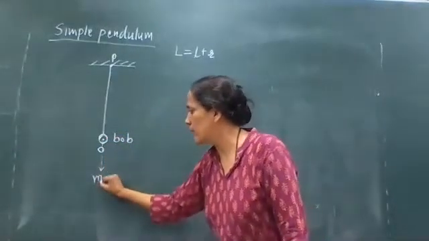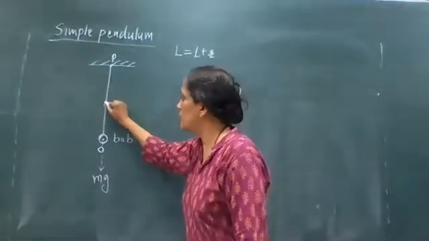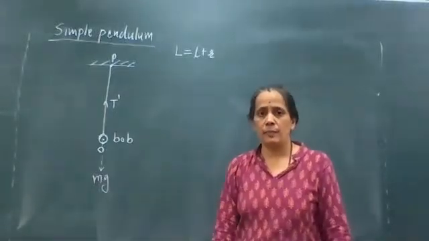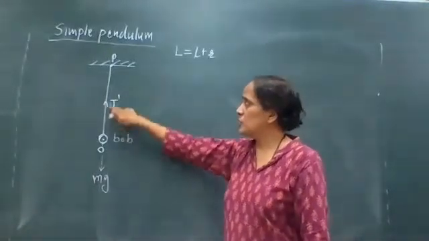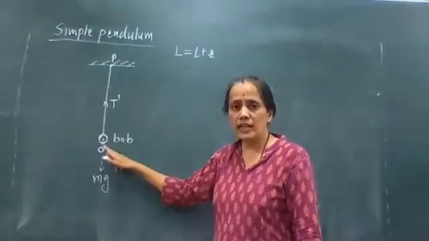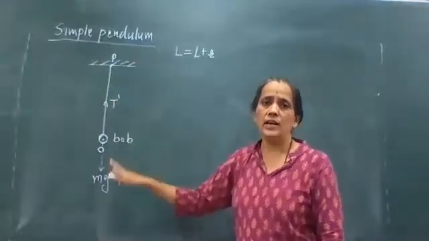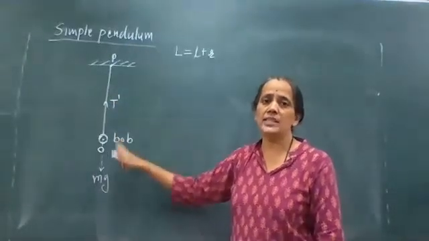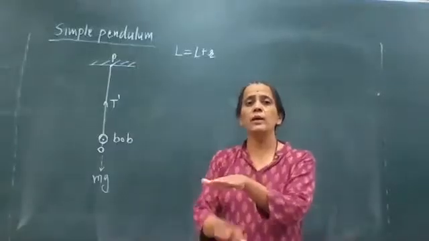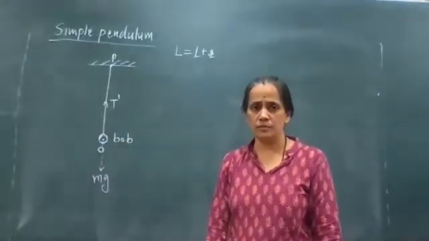The second is the tension in the string, T dash. The direction of tension is towards the rigid support, and the weight of the bob acts vertically downward. So tension and weight are exactly opposite in direction, both forces get balanced, and therefore the pendulum remains at rest.